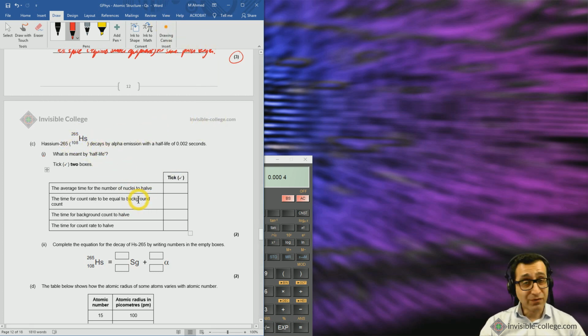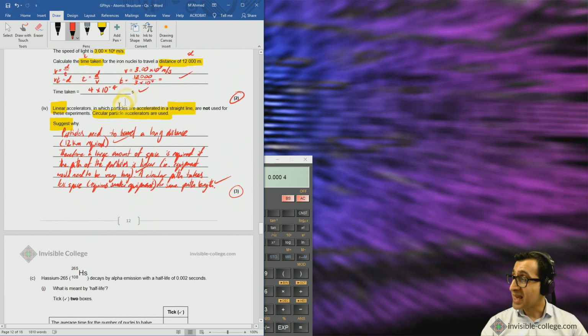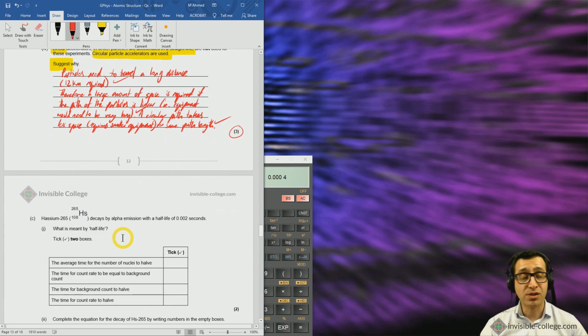One of the mistakes that I see people making is that they'll read this question, but they'll forget that this was mentioned in a previous part of the question. Now, it may not be relevant to this answer, but frequently students will drop marks or make mistakes because they've forgotten that the information that's relevant to answering the question is not present in the stem of that part of the question, but is present in a previous part. As you work through these multi-part questions, don't lose track of the information that was given to you in earlier parts of the question.